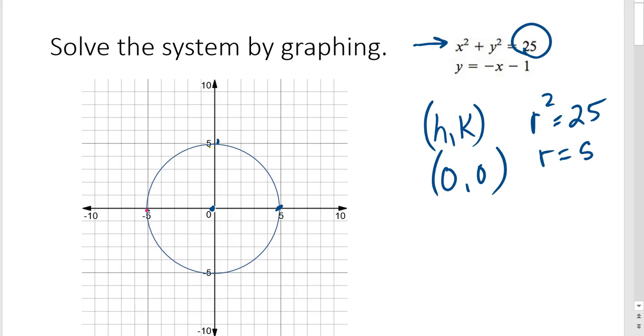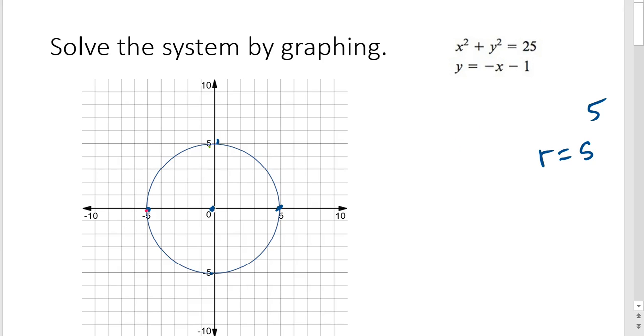So I went ahead and graphed those 4 points, and I drew in my circle carefully. When you're solving the system graphically, make sure you're very careful about drawing it in neatly. My second equation is a linear equation, so we should be pretty good at those by now.